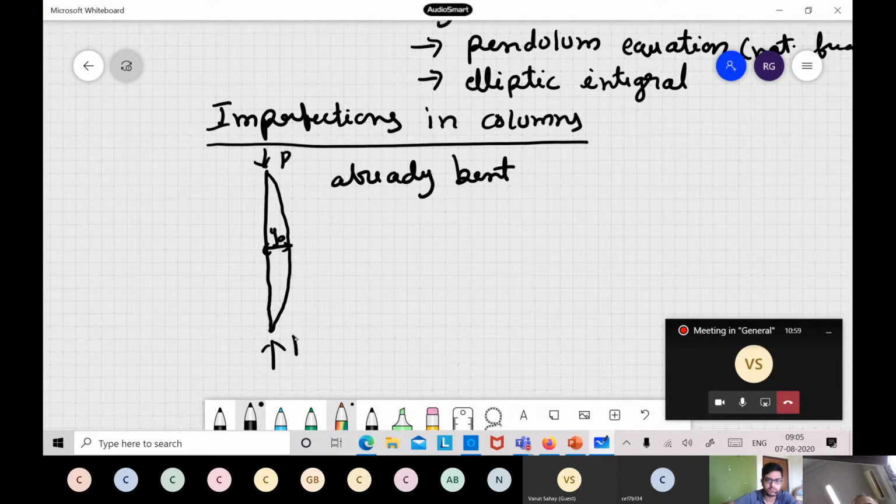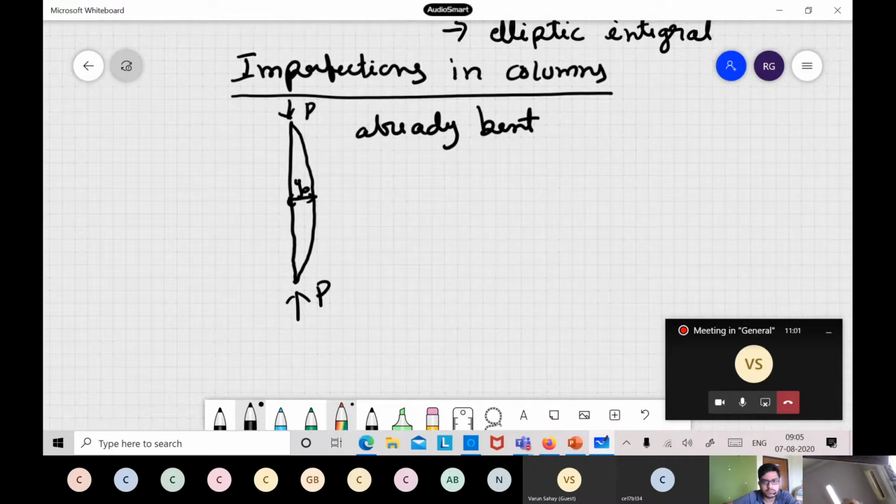This type of thing you already see in practice. In practice, there is nothing like a perfect column. During erection of steel columns or during construction, there may be some small errors. Your column may not be perfectly straight, because sometimes we do welding, joining and bolting, and there will be splices and other things.